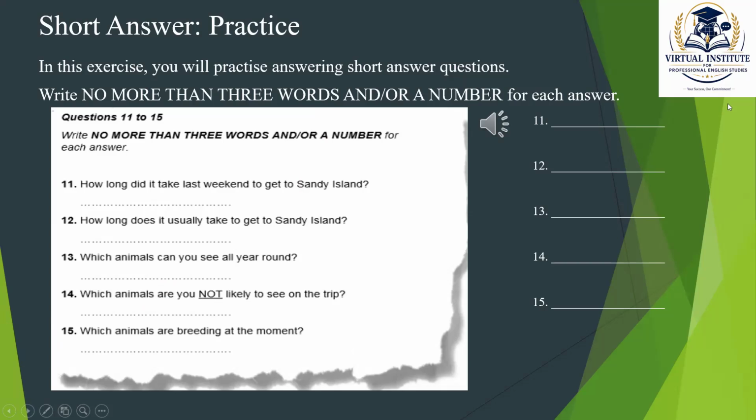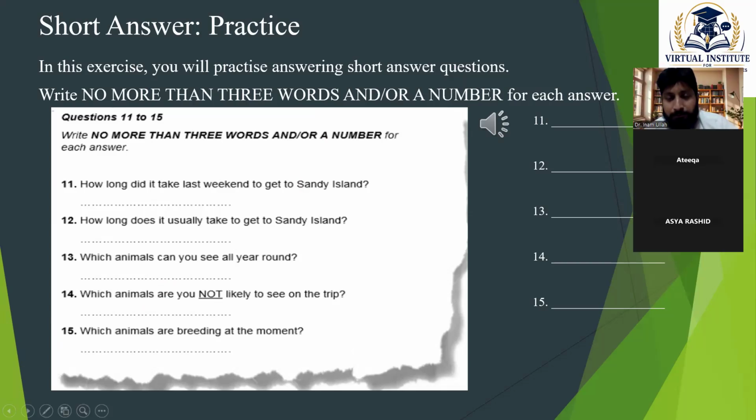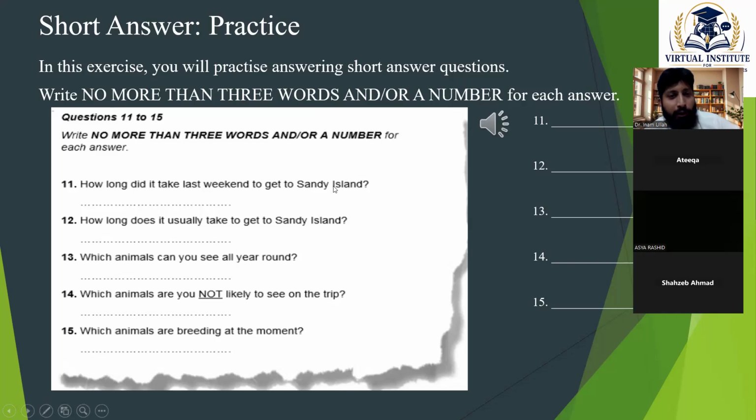What is the answer for question number 11? Asya, can you answer me? Yes, sir. What is the answer to question number 11? How long did it take last weekend to get to Sandy Island?